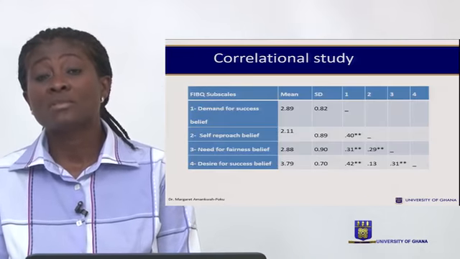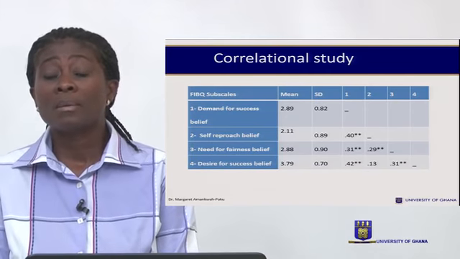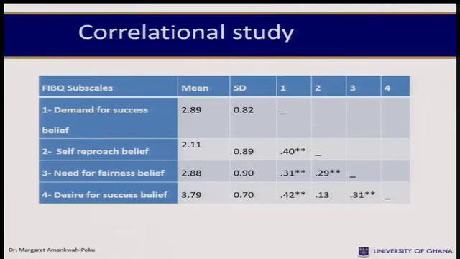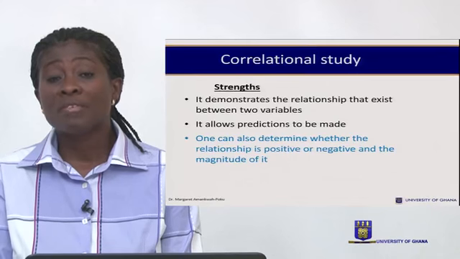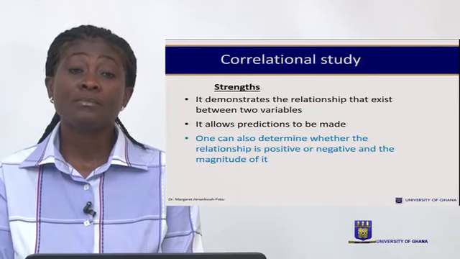So let me just take you back to the table I showed you. You notice that for the correlation, you have 0.40, you have 0.3, you have 0.29, etc. So that is the magnitude of the relationship. So it doesn't just tell you the relationship between the variables, but also how strong the relationship is.